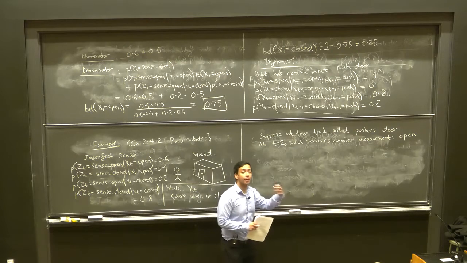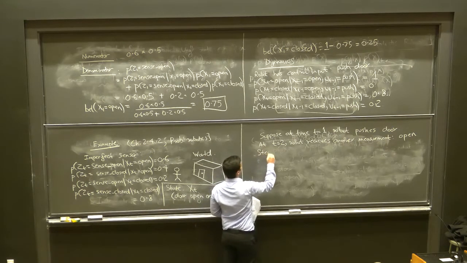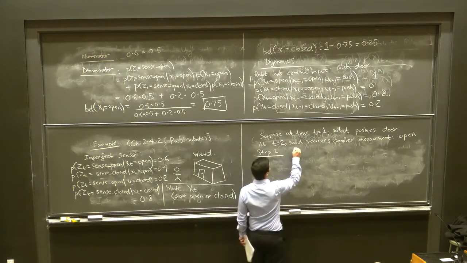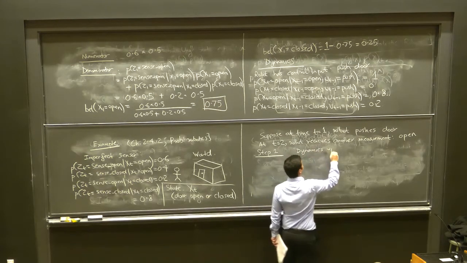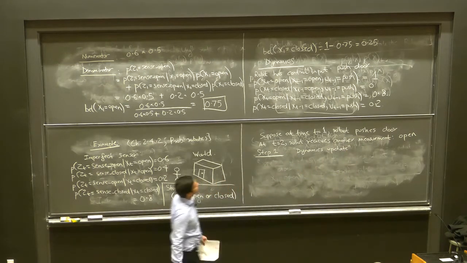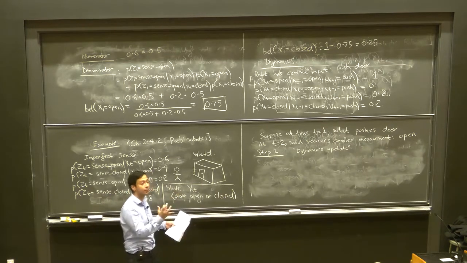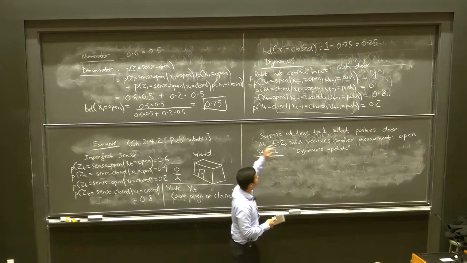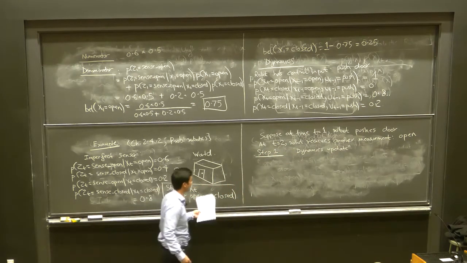We're going to break up our updates into 2 steps. The first step we're going to call the dynamics update. The intuition behind this is we propagate our previous belief, which was 0.75, 0.25, through the dynamics of the system, given that we know that the robot has pushed the door at time step 1.